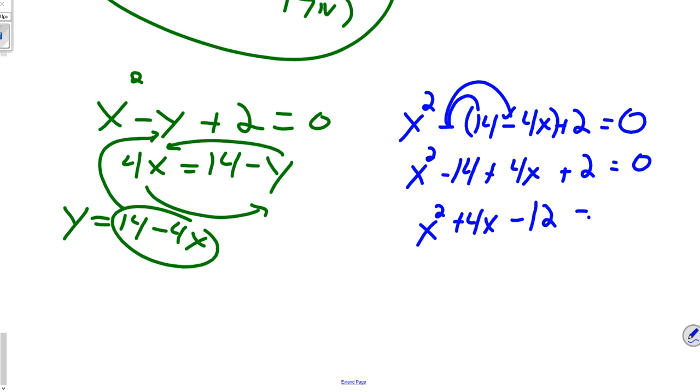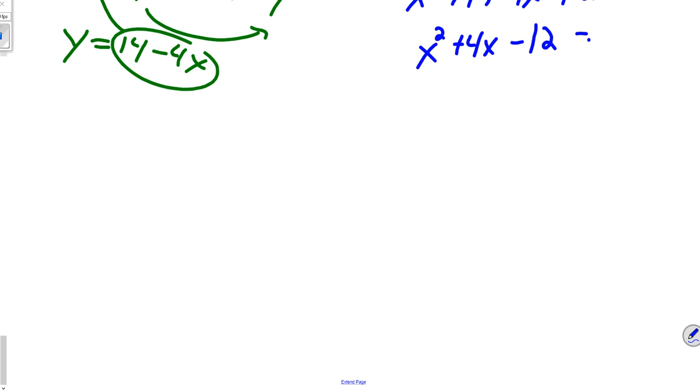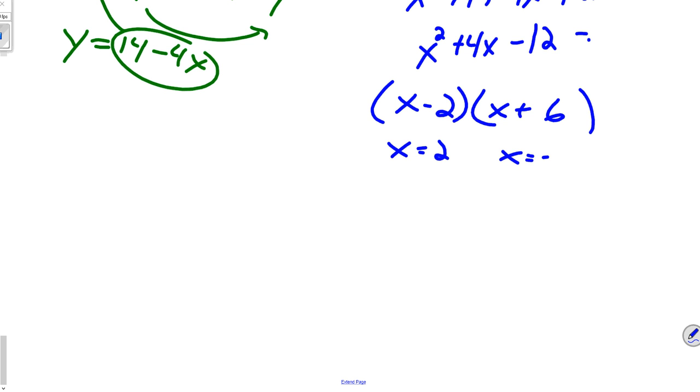So now you factor this. Positive 6 and negative 2. So then you have two solutions, right? So you plug that in and solve for your y values.